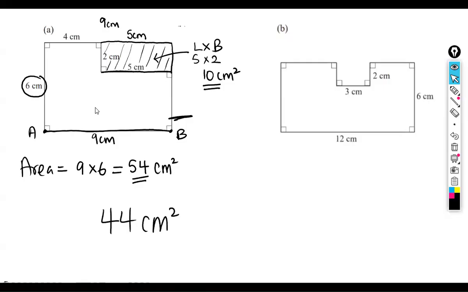Let's look at the second question. In the second question, there are two ways to go about this. We could split this into 3 shapes, 3 rectangles, A, B, and C. I think that would be a lot of work.